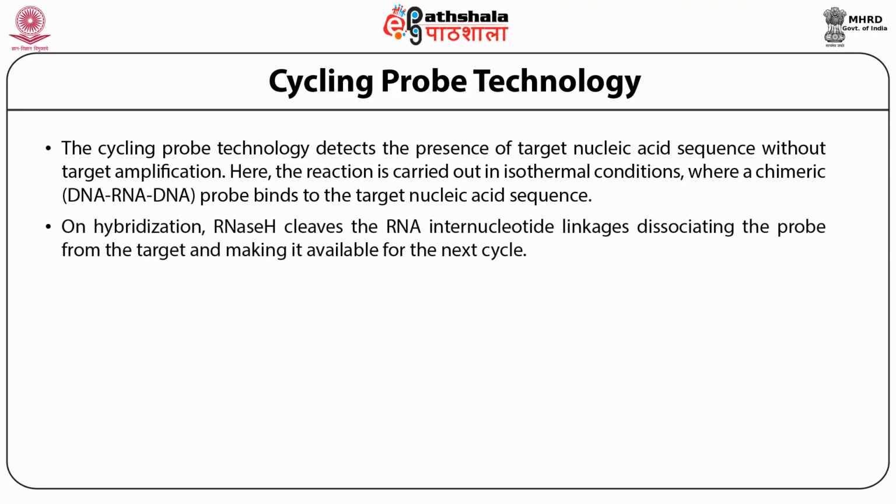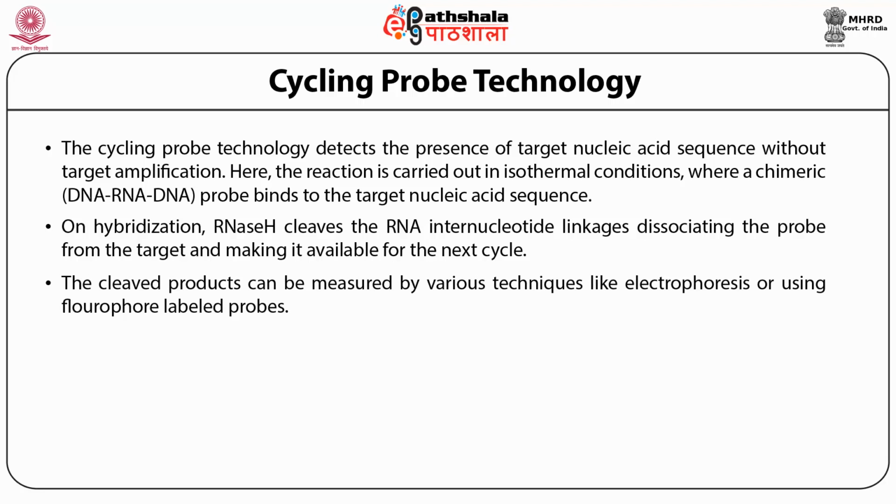On hybridization, RNase H cleaves the RNA internucleotide linkages, dissociating the probe from the target and making it available for the next cycle. The cleaved products can be measured by various techniques like electrophoresis or using fluorophore labeled probes.